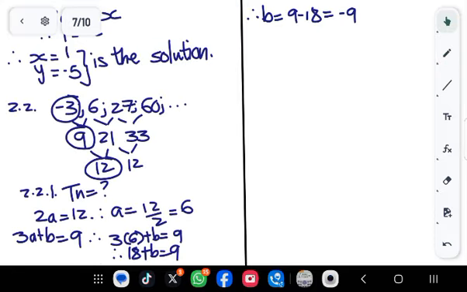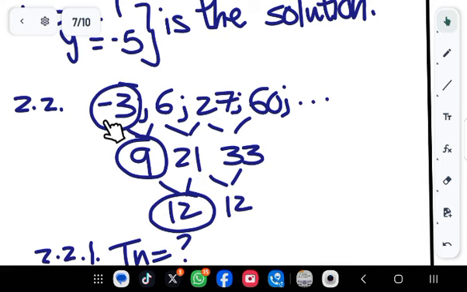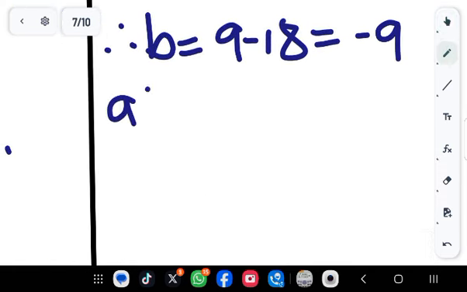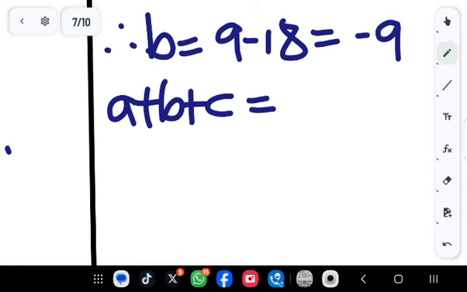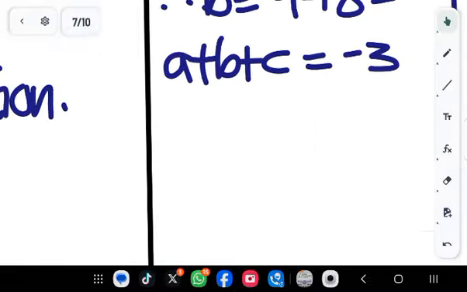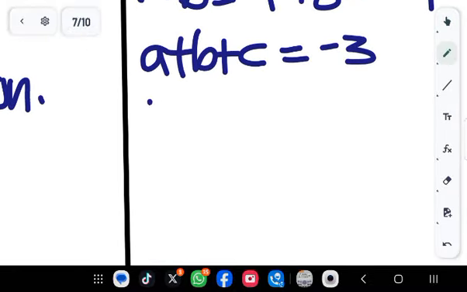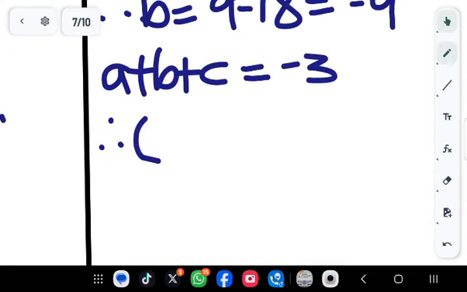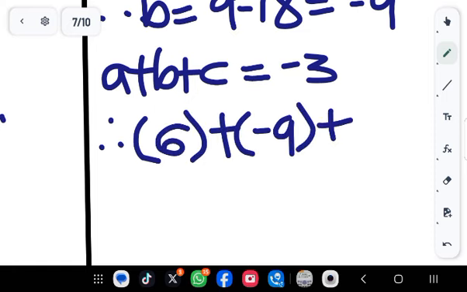Now for the last one, that is a plus b plus c, which equals negative 3. Let's substitute what we already have: a is 6, b is negative 9. That'll be 6 plus negative 9 plus c equals negative 3.